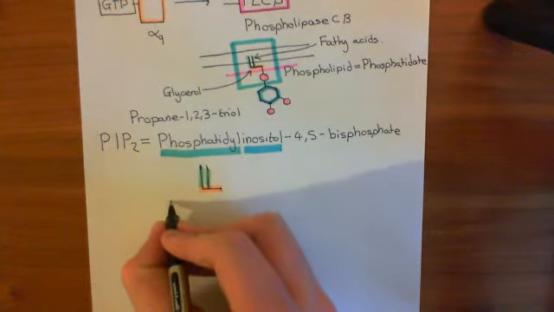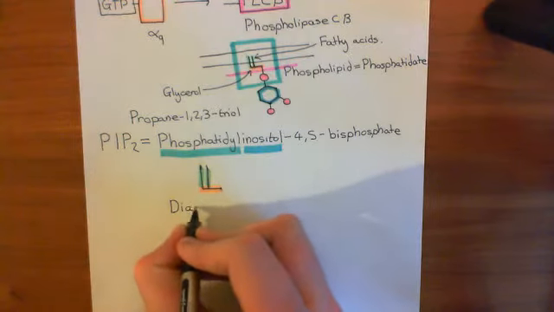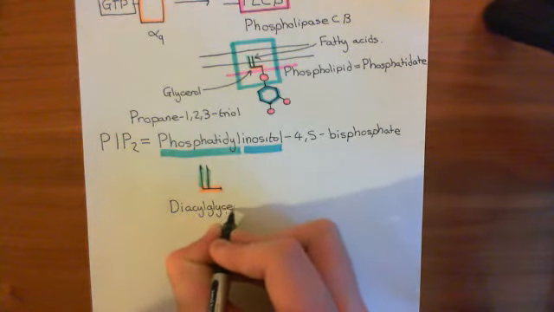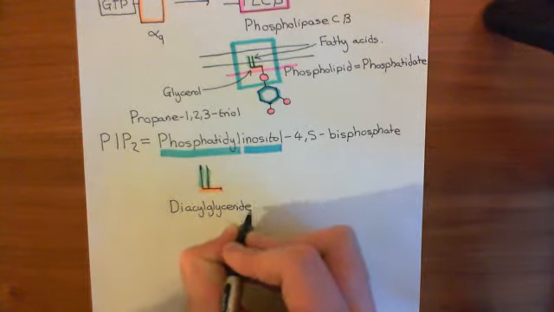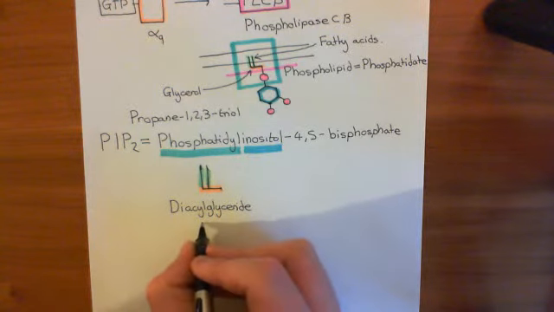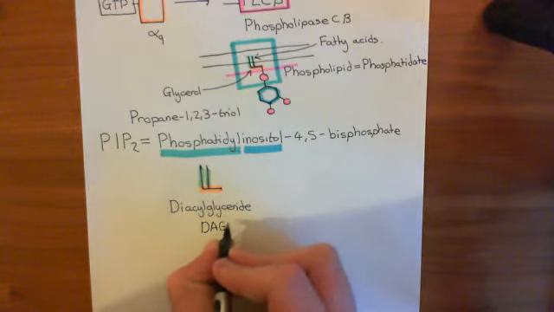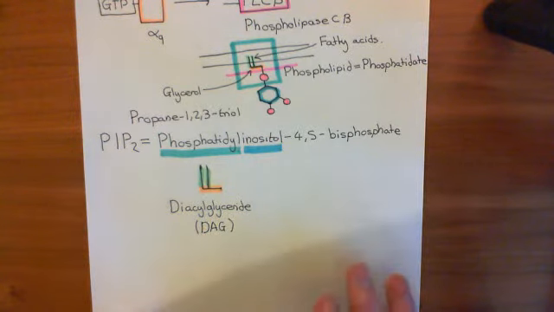Now, this structure is known as a diacyl glyceride because you have 2 acyl groups bound by ester links to a glycerol molecule, and in short it's denoted DAG, so diacyl glyceride.